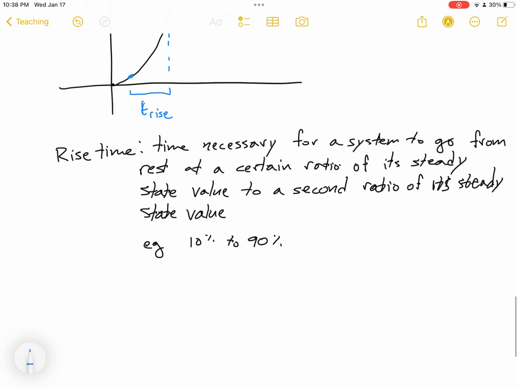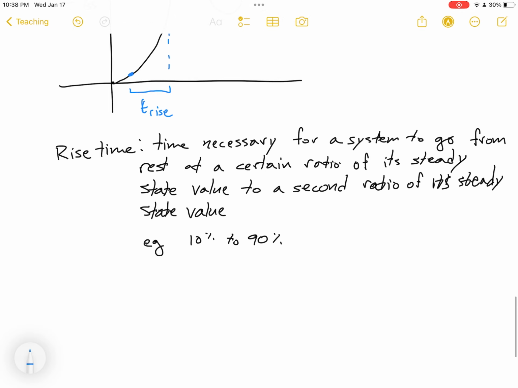There are a couple equations. So if you're dealing with an underdamped system from 0 to 100%, and this only works for underdamped systems because technically a critically damped or an overdamped system will never get to 100% of its steady state value. So that's one of the reasons we talk about rise time and ratios.